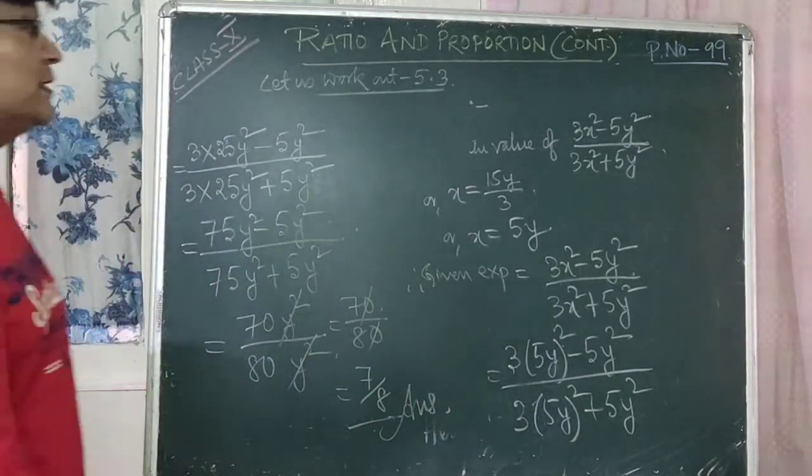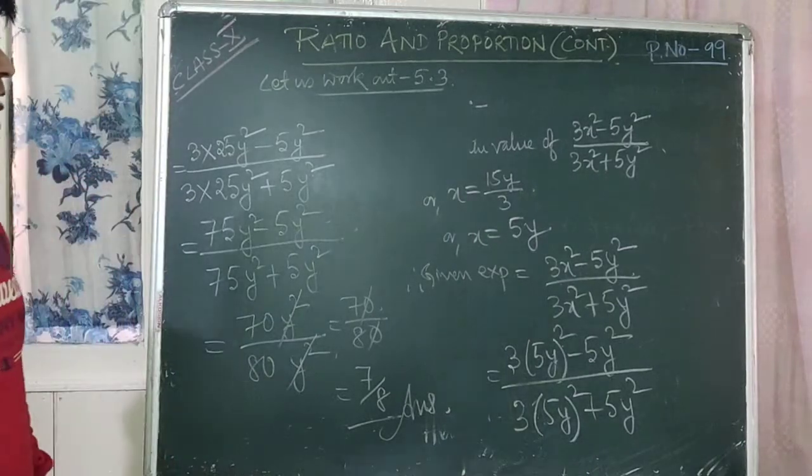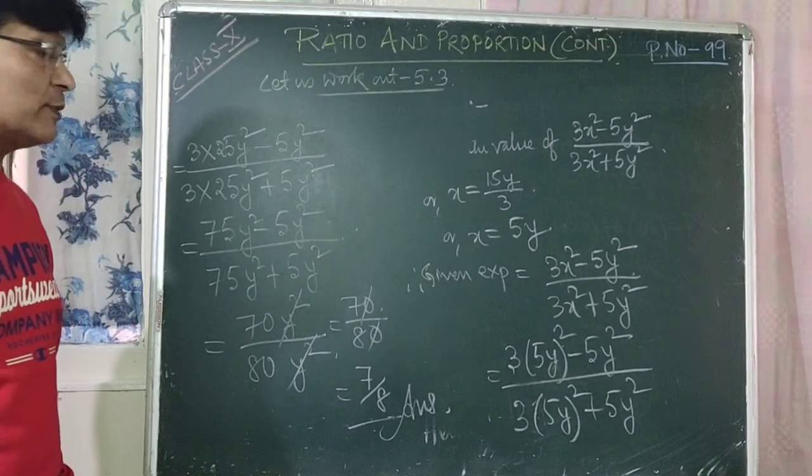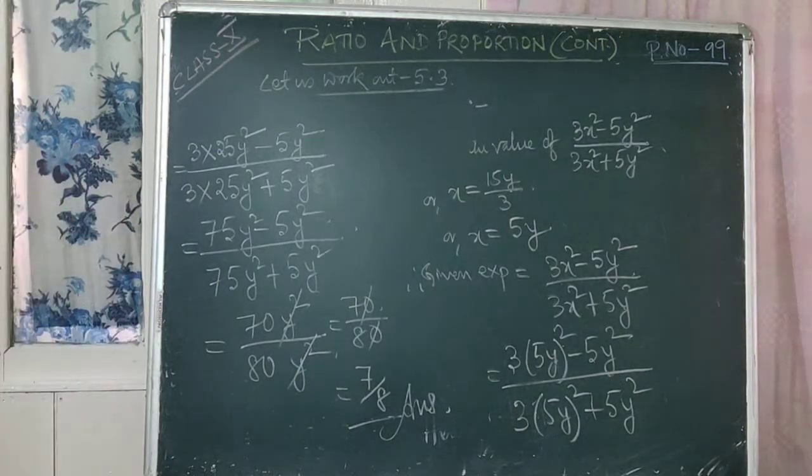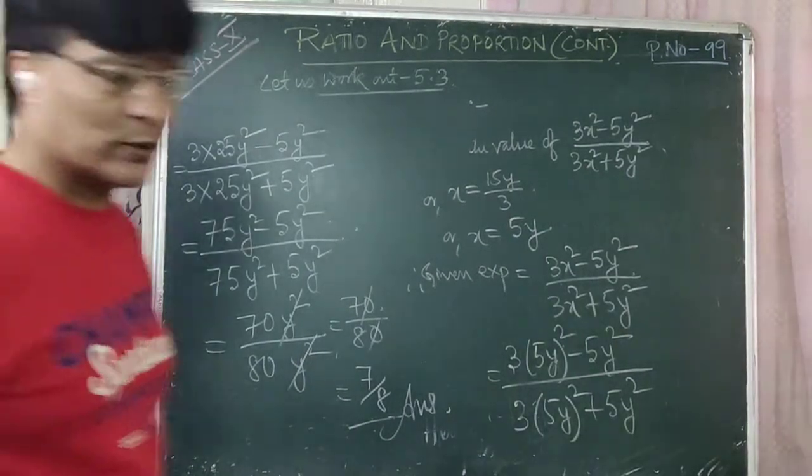So the value of the given expression is 7 upon 8. Is that clear? We'll do the next question now.